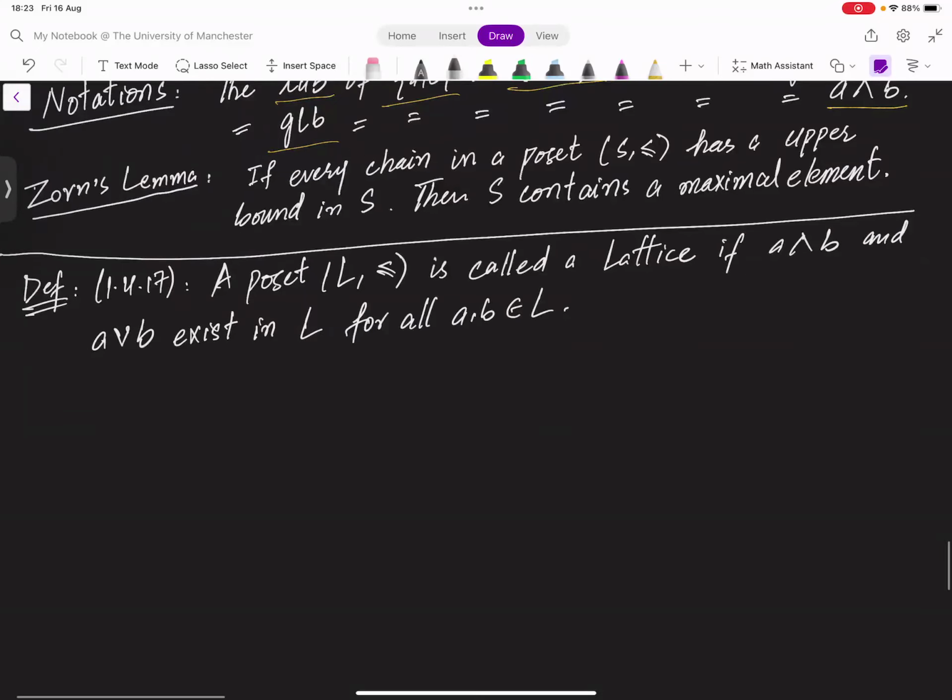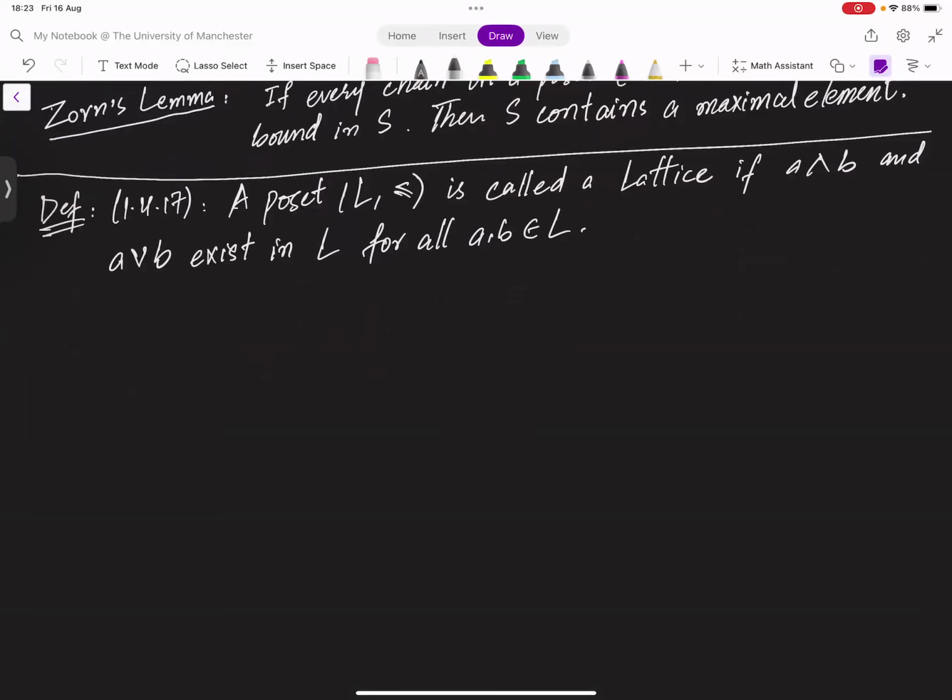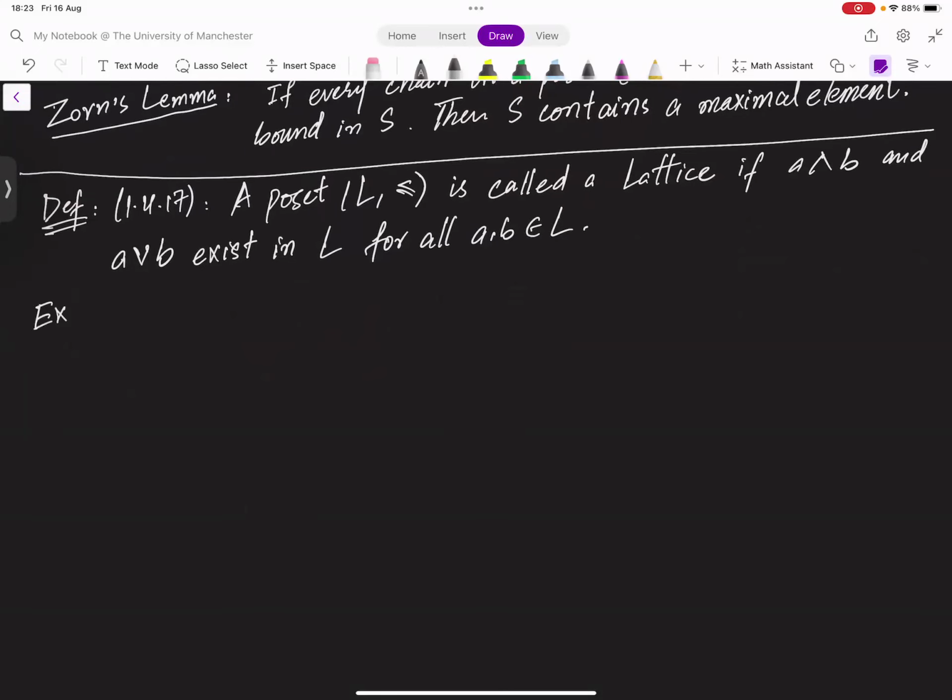Example. The best way to learn things is by giving examples, every time. So let L be the closed interval [0, 1], which can be written as all the real numbers between 0 and 1, with 0 and 1 included.